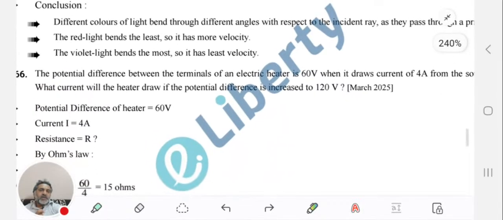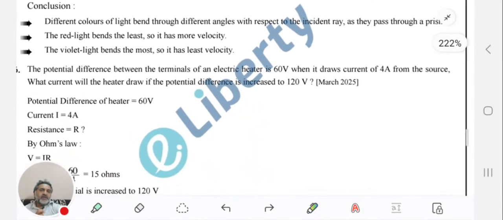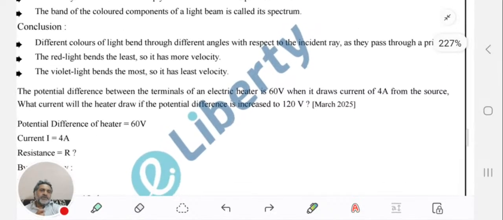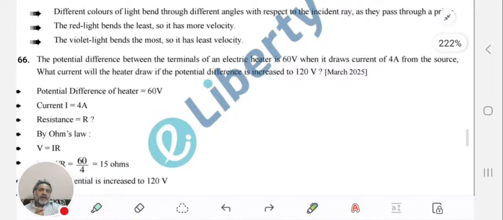Conclusion: different colors of light bend through different angles with respect to the incident ray as they pass through a prism. The red light bends the least, so it has more velocity, and the violet light bends the most, so it has the least velocity.